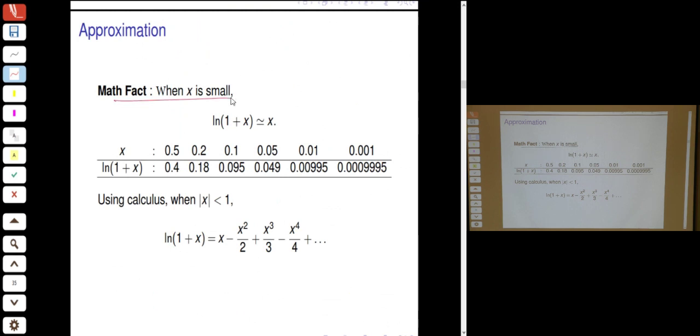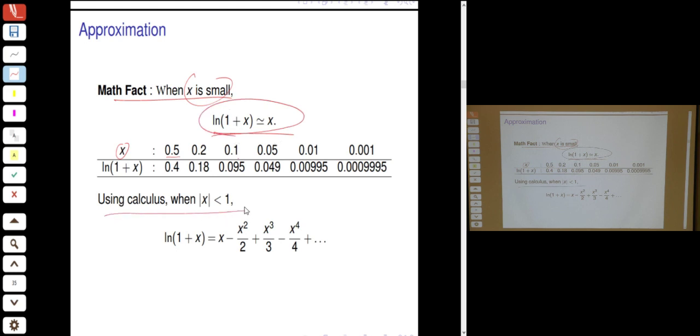Here is a simple math fact about approximation. Log of 1 plus x is approximately equal to x, where x is something quite small, like 0.5, 0.2, 0.1, 0.05, and so on. Using calculus, when the absolute value of x is smaller than 1, then log of 1 plus x is x minus x squared over 2 plus x cubed over 3 minus x to the 4 over 4, and so on.